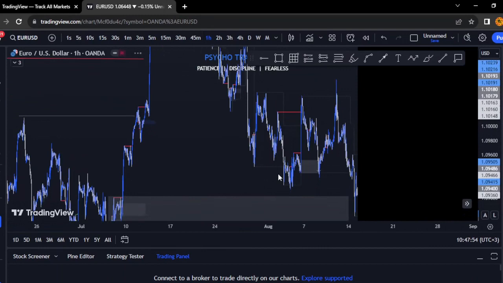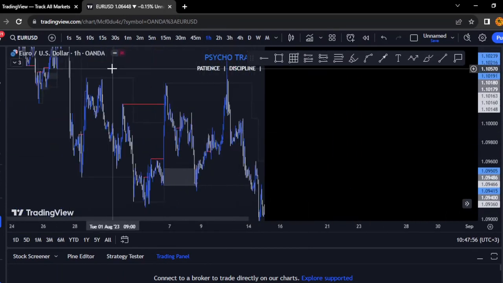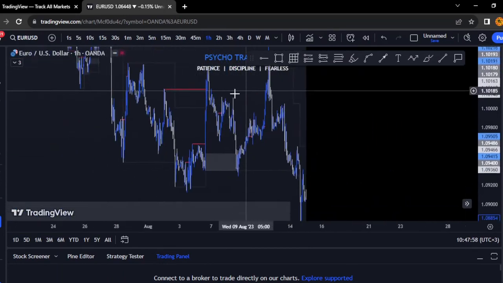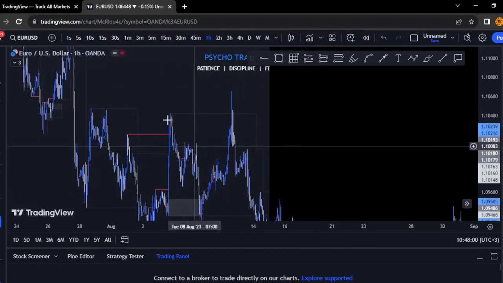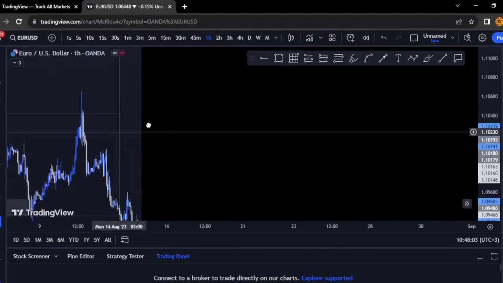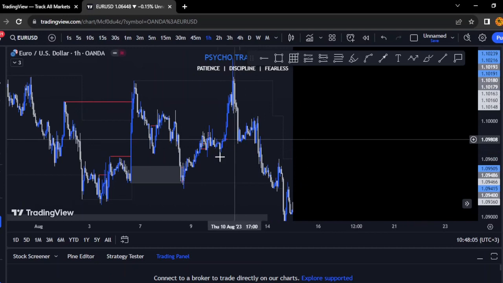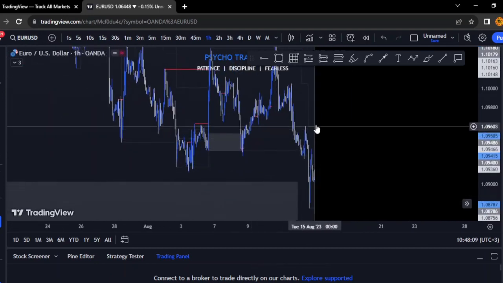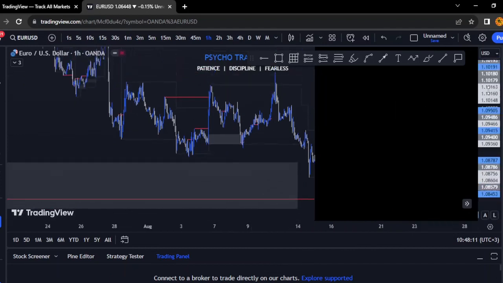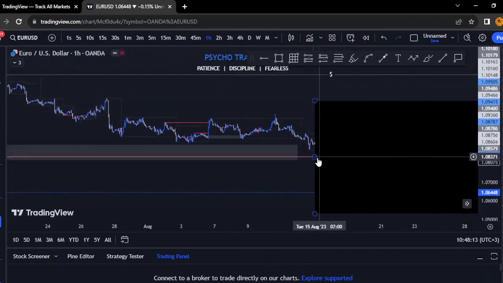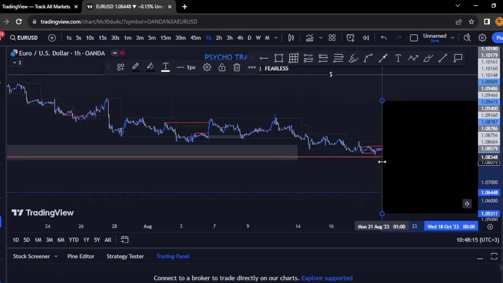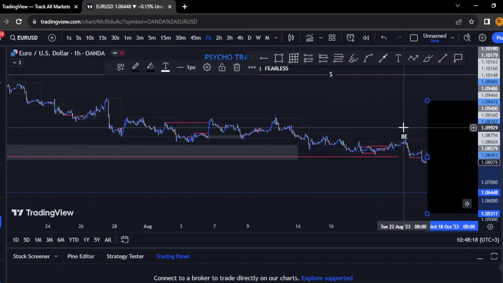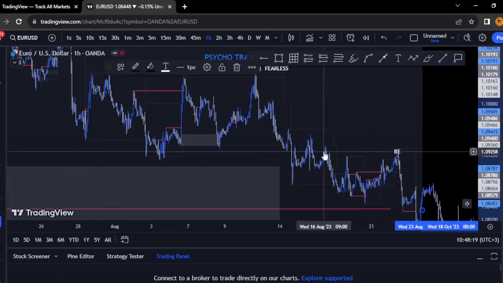We had a break of this, one break, second break, so it wanted to continue. It broke down, didn't give us beautiful setups, and continued to the downside, so we didn't take any trade right there. We had a BE here, as you guys are seeing.